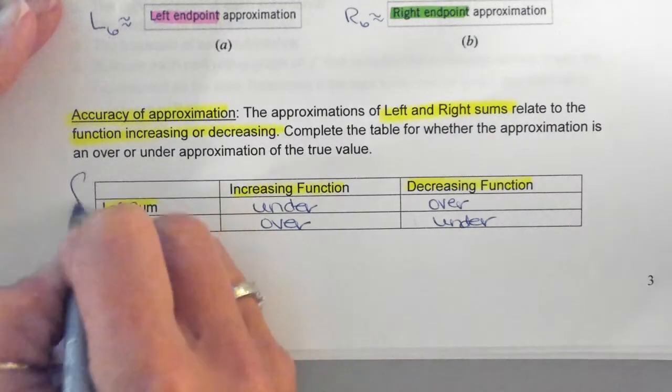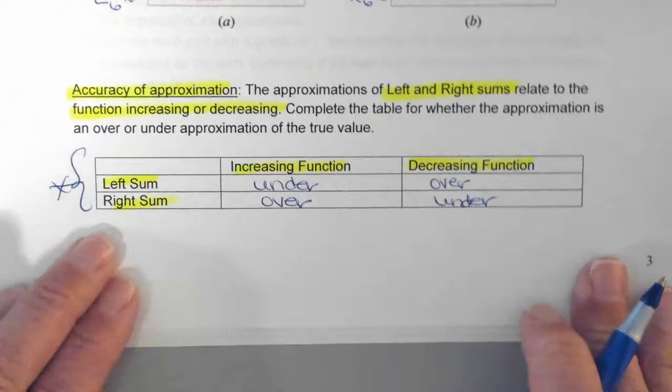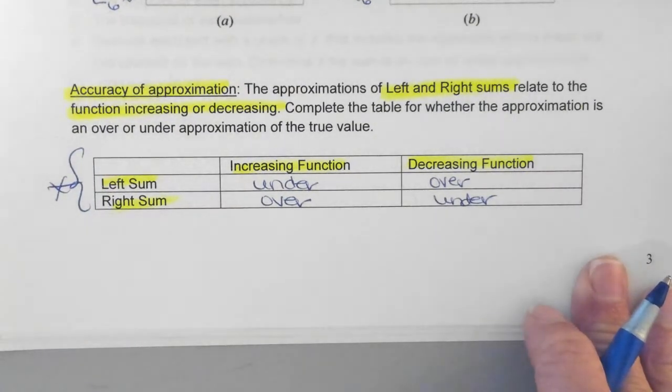Okay, so you might get a question given a graph stating it from, let's say, A to B, whatever the numbers are: is the Riemann sum an over or under approximation? You're going to look at increasing, decreasing.